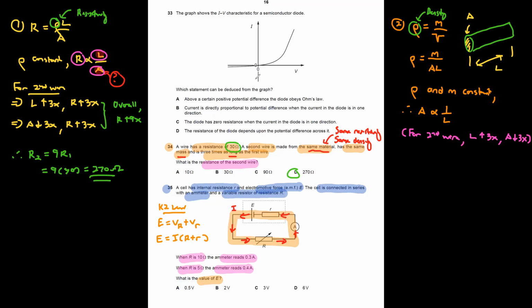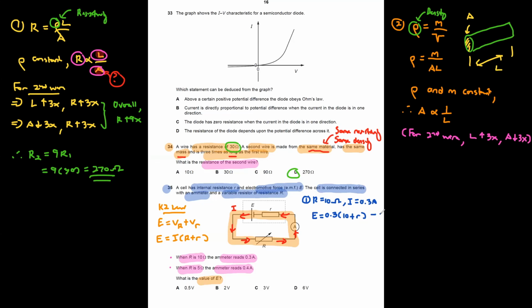Okay, so in your case, let's consider the individual situations that have been described here. In the first instance, they say that when R is equal to 10 ohms, I is 0.3 amps. So you will get this: E equals 0.3 times (10 plus small r).